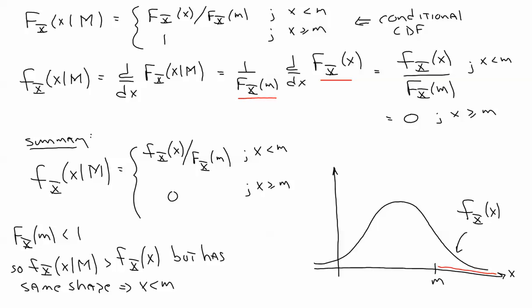My probability density function is exactly 0. And below m, my probability density function follows exactly the same shape, but is a little bit larger. Okay? This is my conditional PDF. All right, and way down here in the corner, that's 0.